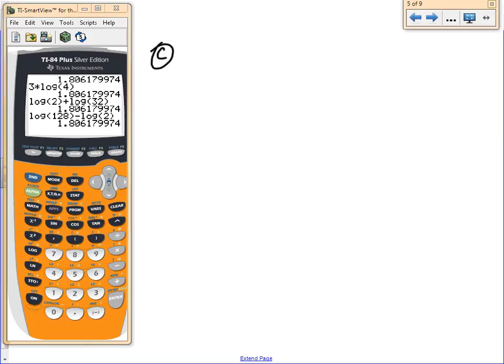I'm going to have to change the 2 times the log base 3 of x. So log base 3 of x squared is equal to the log base 3 of 4 times x plus 8.